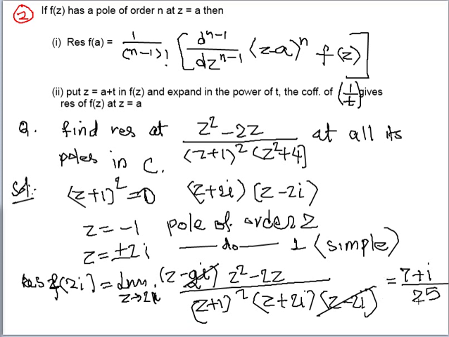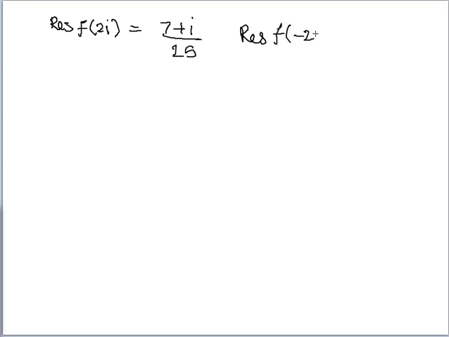Similarly for the negative part, the residue at minus 2 iota: when we substitute in the formula and calculate, it comes (7 minus iota) by 25.